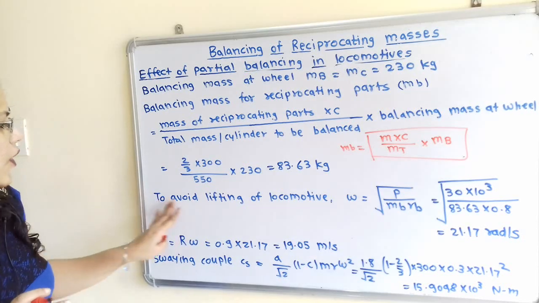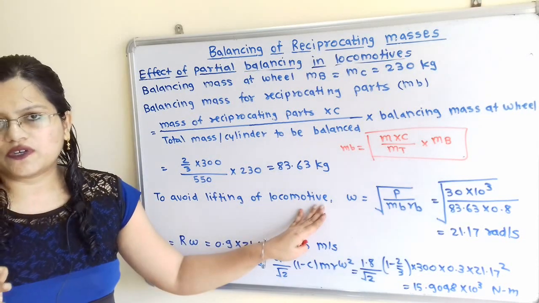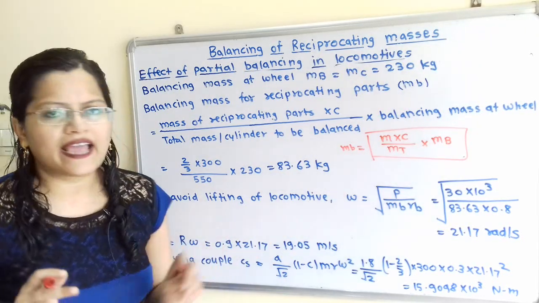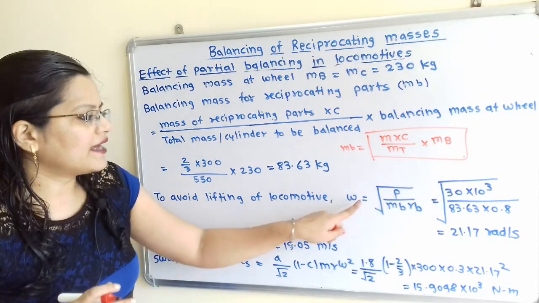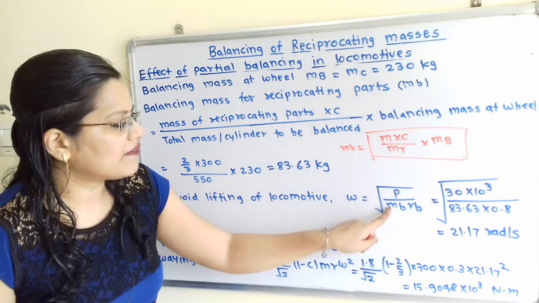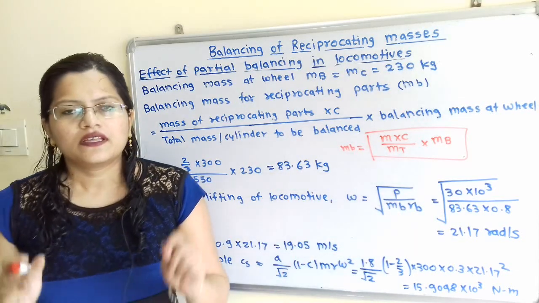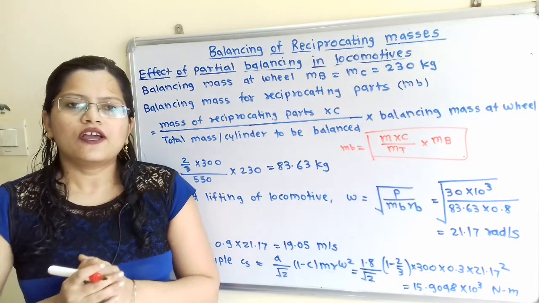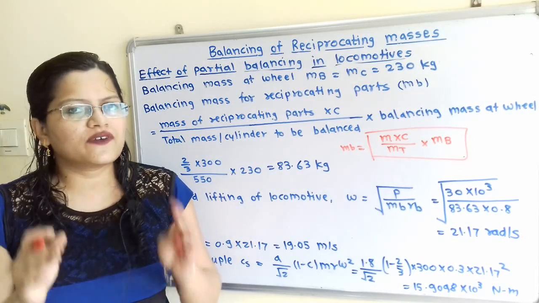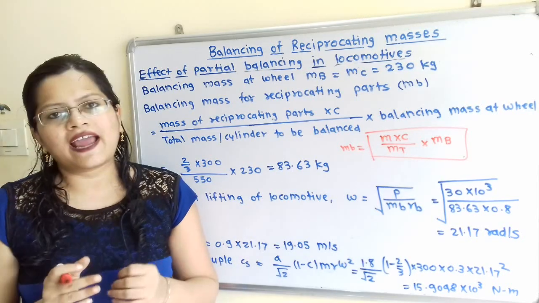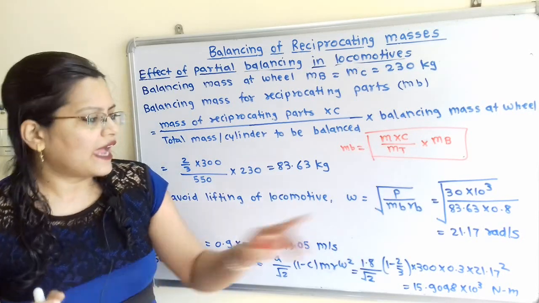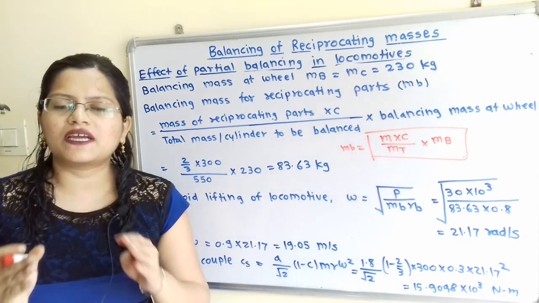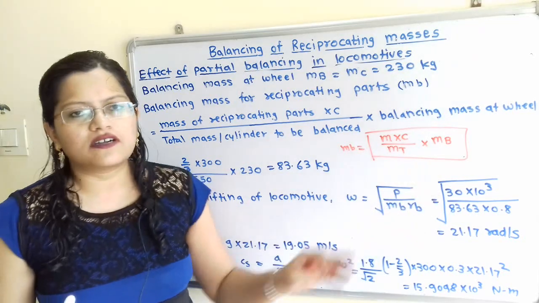Now to avoid the lifting of the locomotive, we have a formula for the angular velocity omega, and it is equal to the square root of P divided by MB RB. If we observe the diagram for the wheel, P is the total load for this wheel as well as the locomotive, which acts at the center of the wheel in the downward direction. The value of P is mentioned in the question, that is 30 kilonewton.